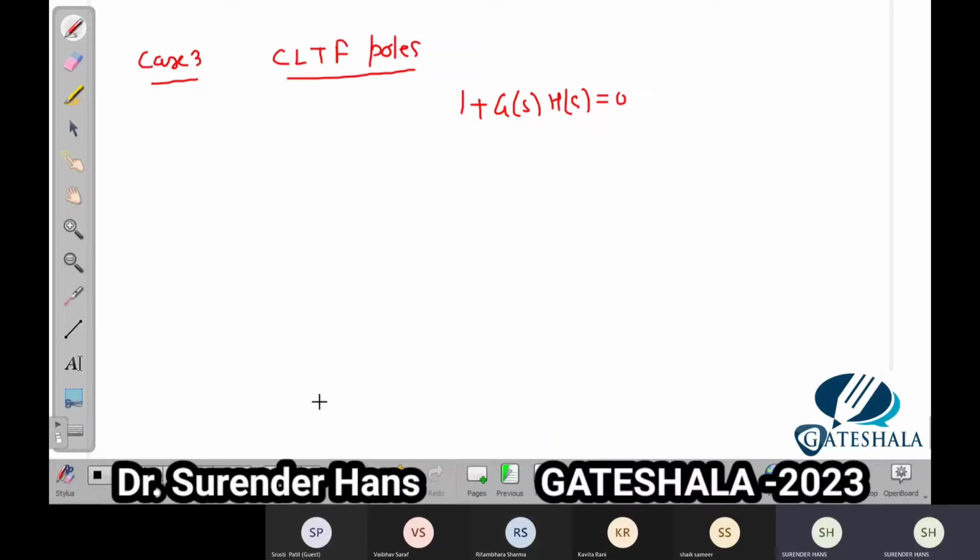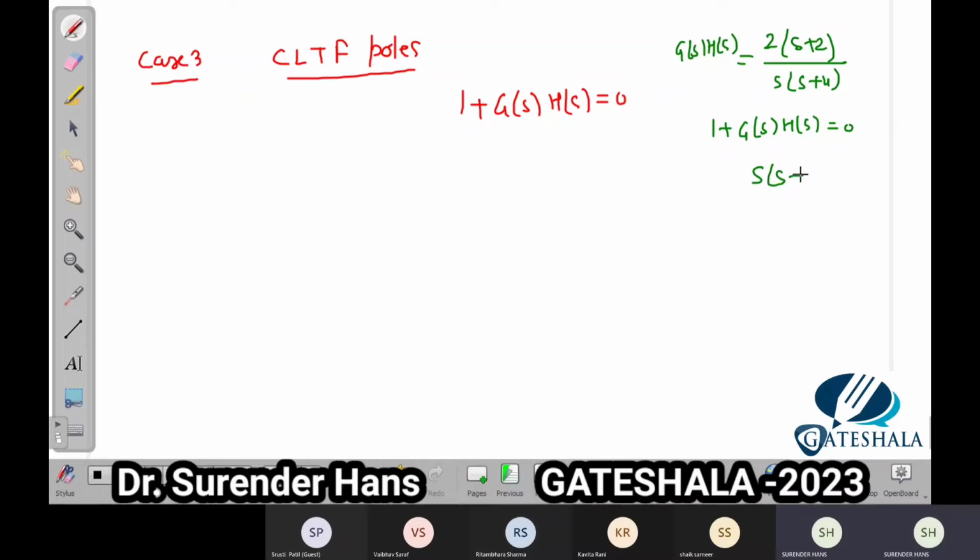Let me just take an example. Very simple. Here 2 into s plus 2 divided by s into s plus 4. Correct? Suppose this is G(s)H(s). Now 1 plus G(s)H(s) is equal to 0. That gives me the closed loop poles. So that 1 plus G(s)H(s) is what?